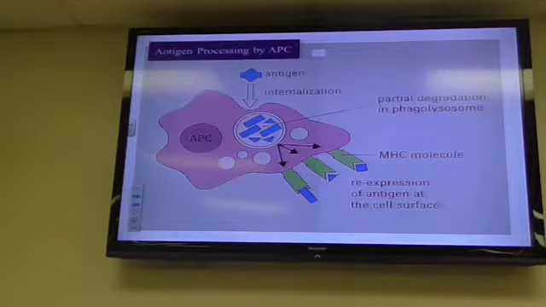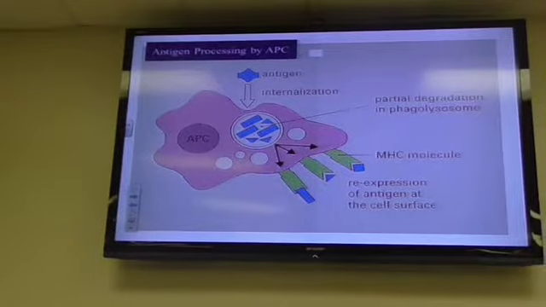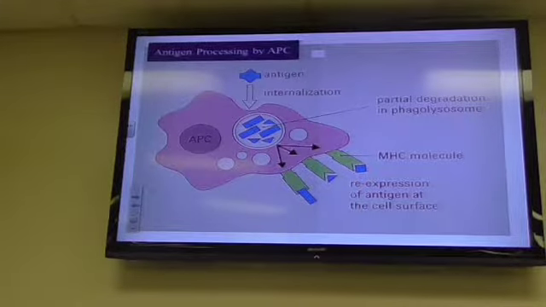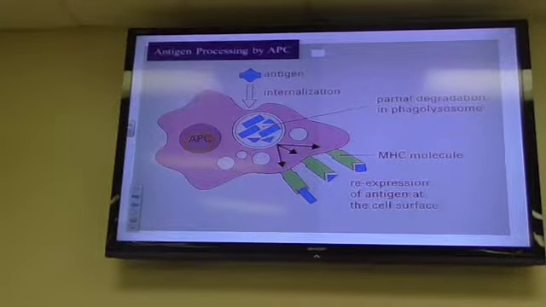Okay, we said antigen processing or antigen presentation. These three cells present antigen to the T lymphocytes. But what exactly is happening? Say this is an antigen-presenting cell, such as a macrophage.